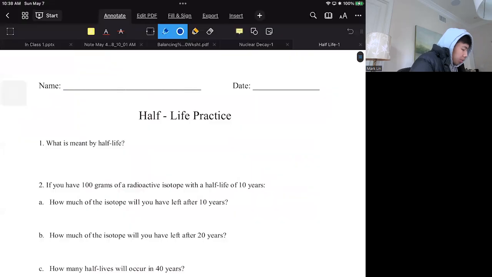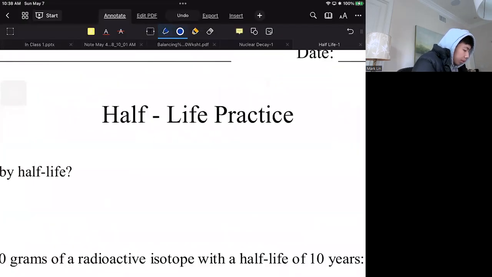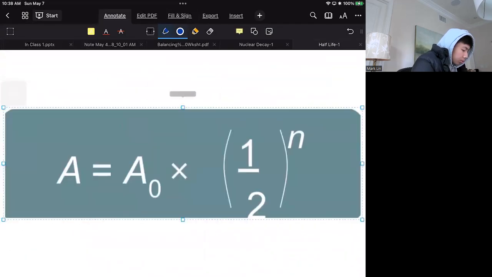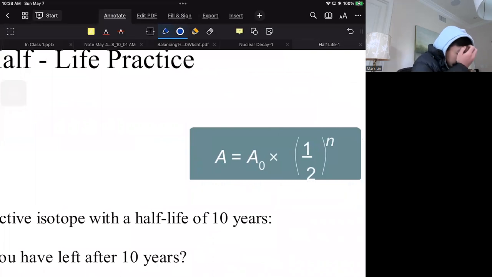So let's put this over here. As you said before, n equals t over t one half, that's just the time passed over the half-life.